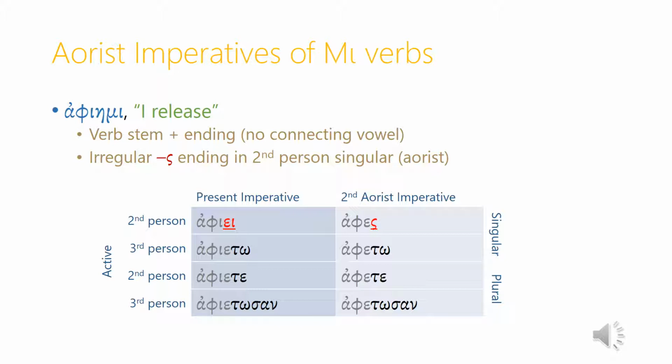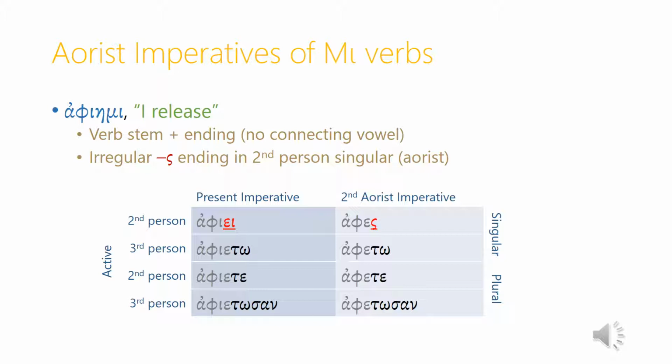Finally, we see similar irregular aorist forms for aphiemi, I release or I forgive. In the present, we have the aphie stem. So in the second person singular with the epsilon ending, that becomes aphei. This time the epsilons form an epsilon iota diphthong instead of the eta. And then the other forms are aphieto, aphiete, and aphietosan.